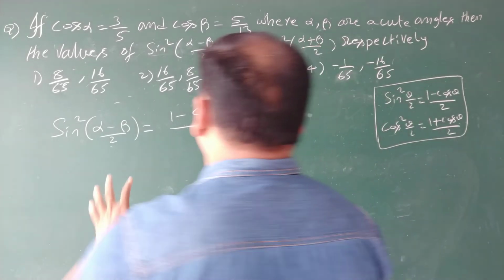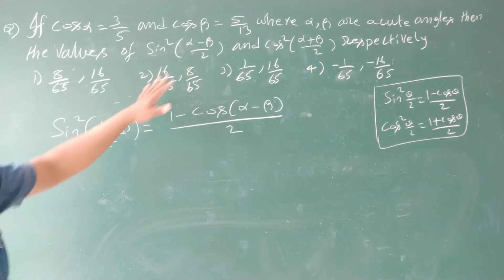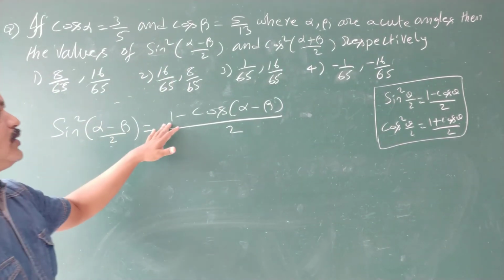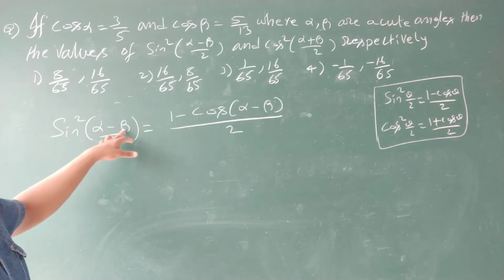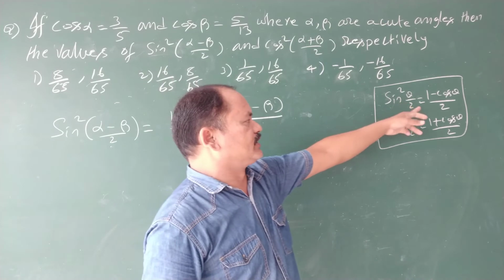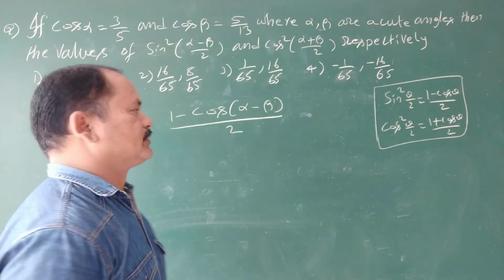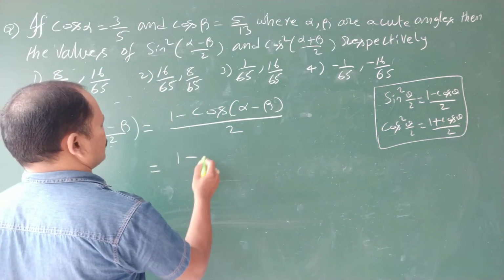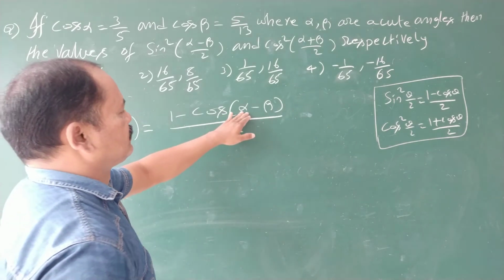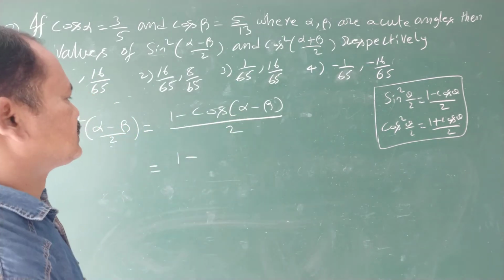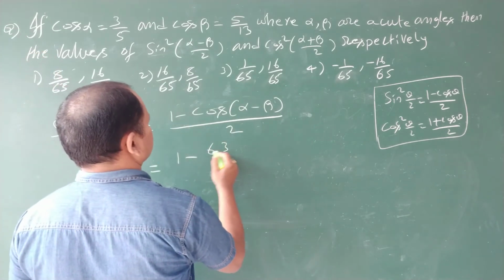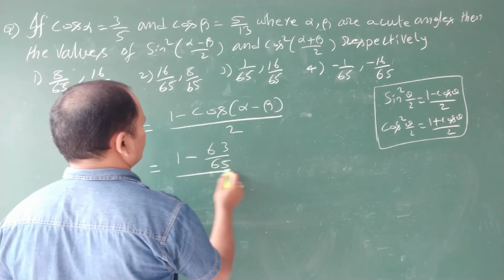Now we have to substitute. Sin square (alpha minus beta) by 2 is equal to (1 minus cos (alpha minus beta)) whole by 2. Since we take alpha minus beta as theta, then sin square theta by 2 is (1 minus cos theta) whole by 2. Now we substitute 1 minus 63 by 65, whole by 2.